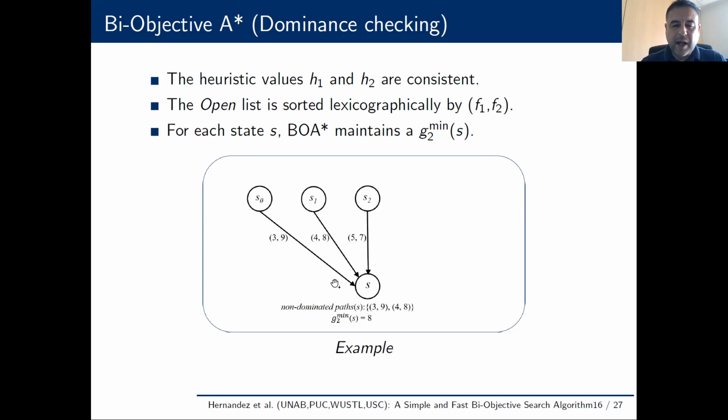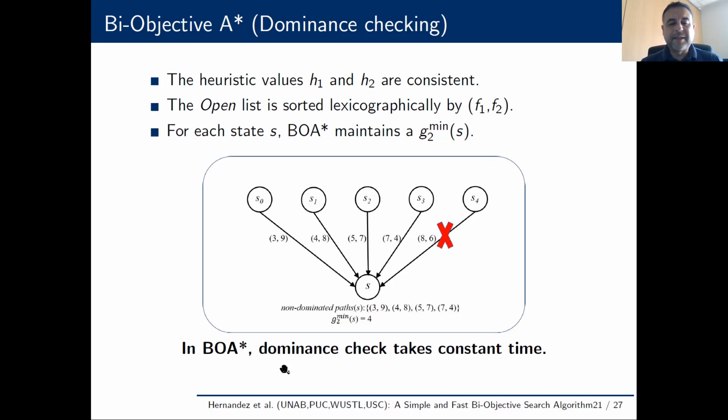Now a new path arrives, and 7 is lower than 8, so we add this path to the non-dominated path set. Then a new path arrives, 7, 4. Yes, 4 is lower than 7, so we add it, and we update the G2 min value to 4. Then a new path arrives, but this path has a G2 value bigger than G2 min, and we don't add this path to the non-dominated paths.